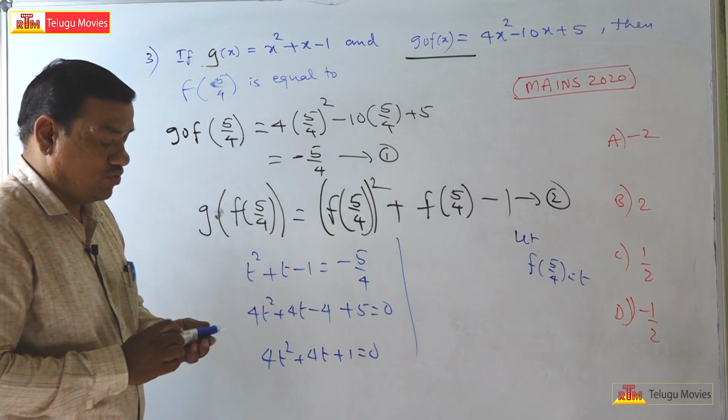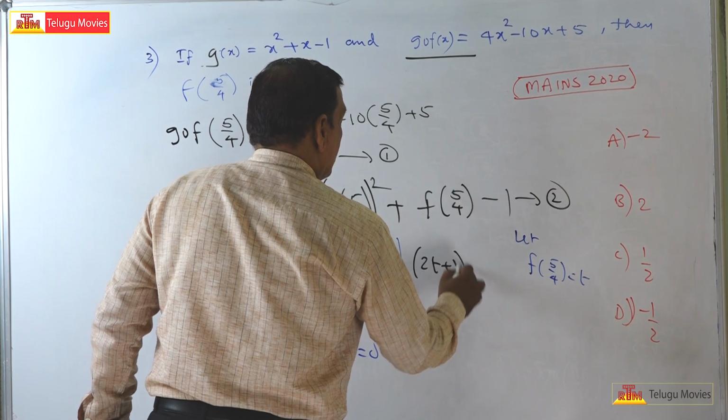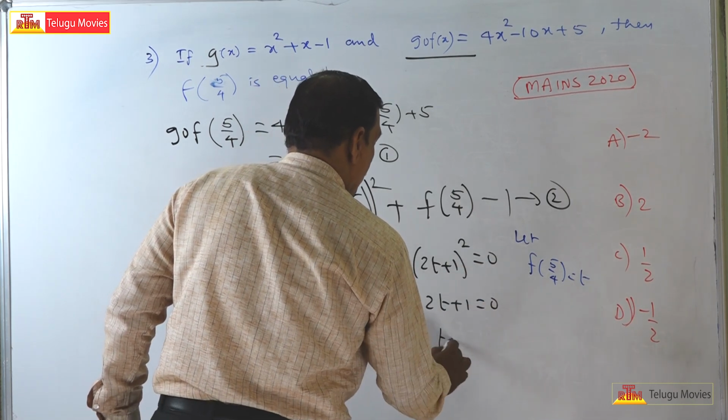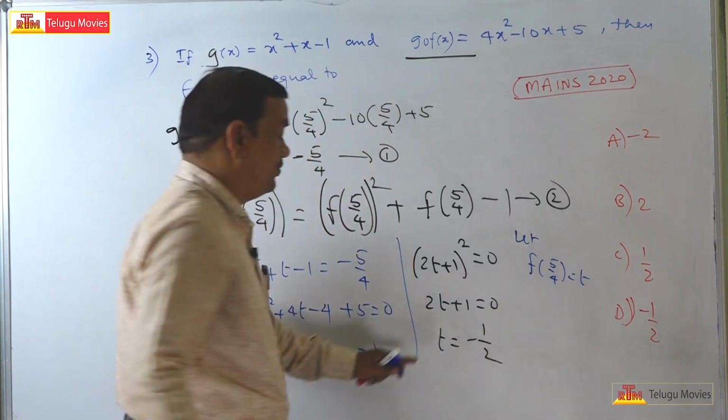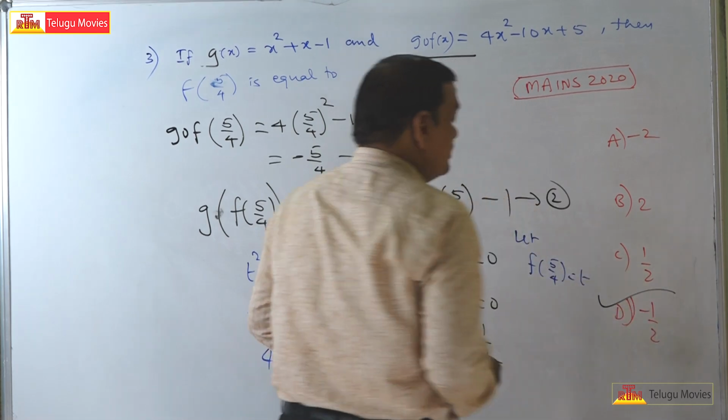So 2t plus 1 whole square is equal to 0, 2t plus 1 is equal to 0, t is equal to minus 1 by 2. What is our t? f of pi by 4. So your option D is the right answer.